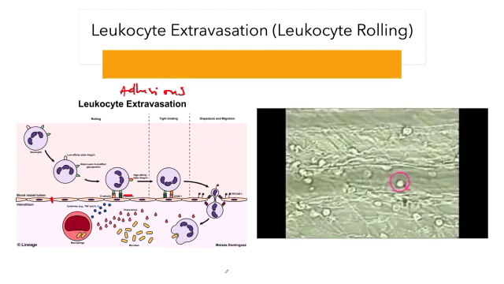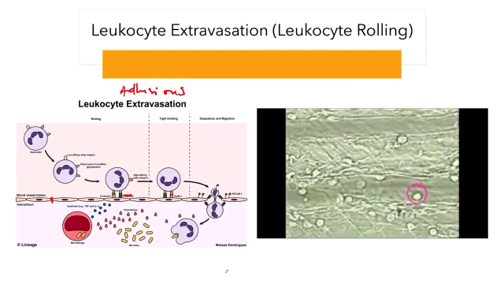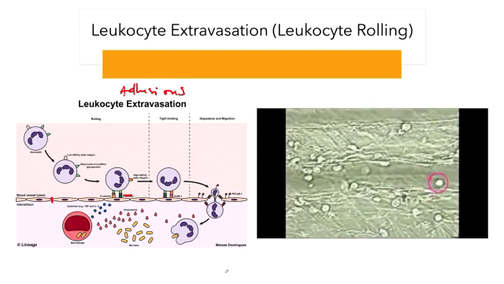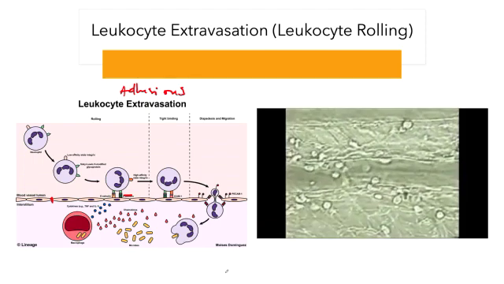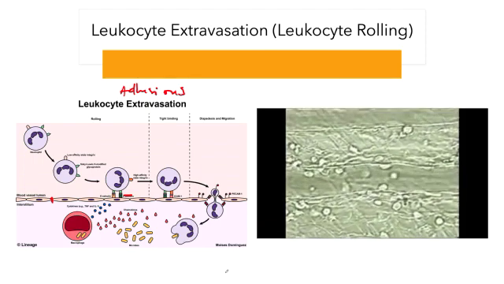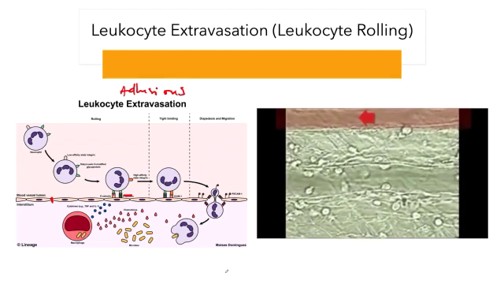Here, leukocyte rolling is observed directly in an anesthetized mouse. The up and down movement of the frame is due to the mouse's breathing. Two blood vessels are shown. The upper one is an artery with blood flowing from right to left.